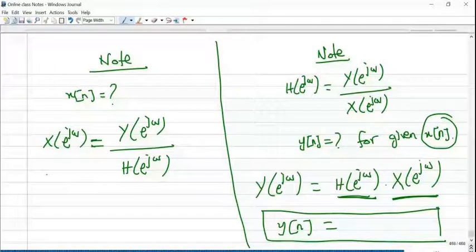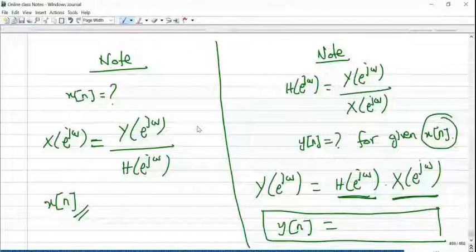Then apply inverse DTFT, you will get x of n. So please remember this concept. This is applicable for Fourier transform, Laplace transform, and Z transform. Almost we covered. One more problem.